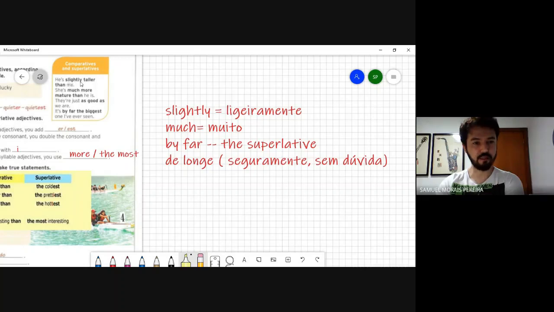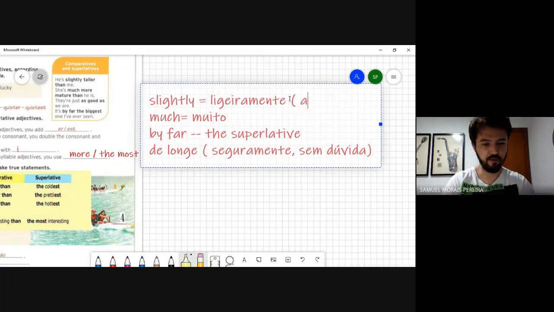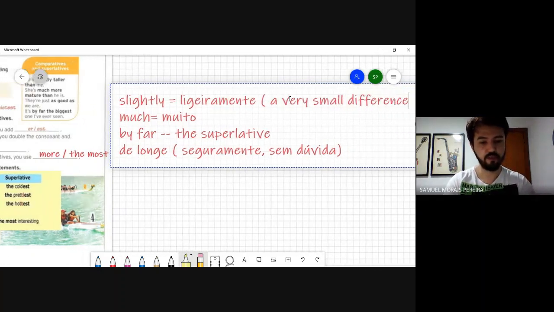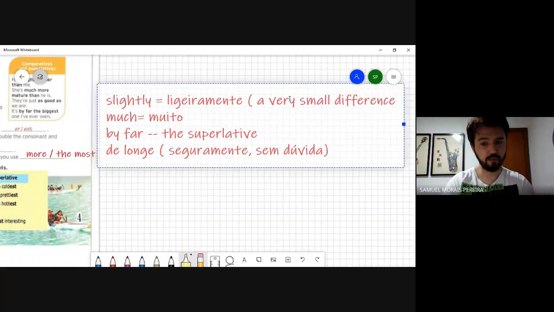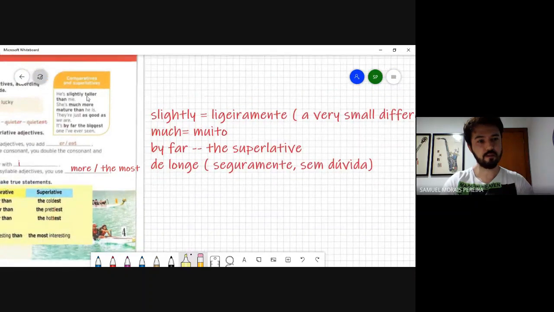Mas quando eu acrescento slightly, I am talking about a very small difference. Tem uma diferença entre as coisas sendo comparadas. But there is a very small difference. A diferença é pequena. Então a gente fala assim, ó, ligeiramente. He's slightly taller than me. Ele é ligeiramente mais alto que eu. Tipo assim, ele é um pouco só mais alto que eu.